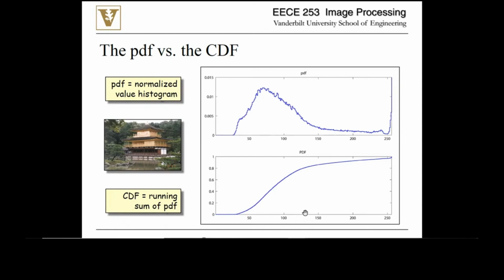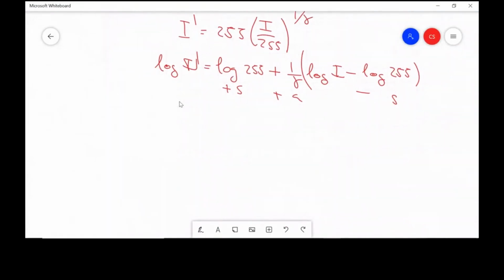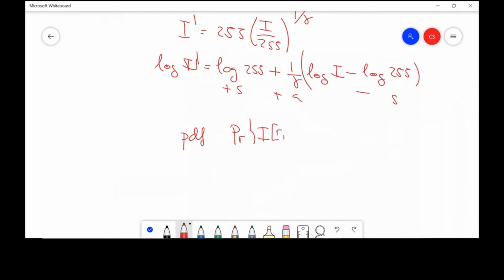And always remember the interpretation of that. The PDF for a discrete signal is the probability that the discrete signal takes a particular value g, and here we have the PDF.